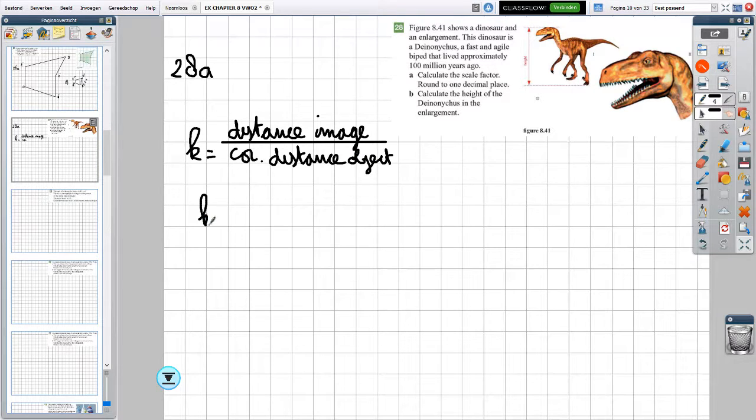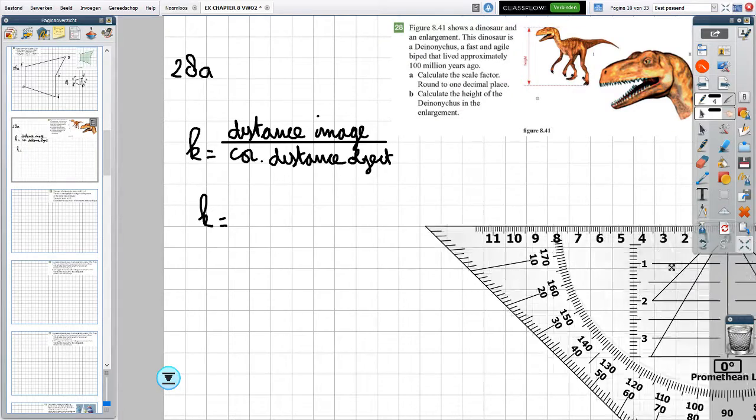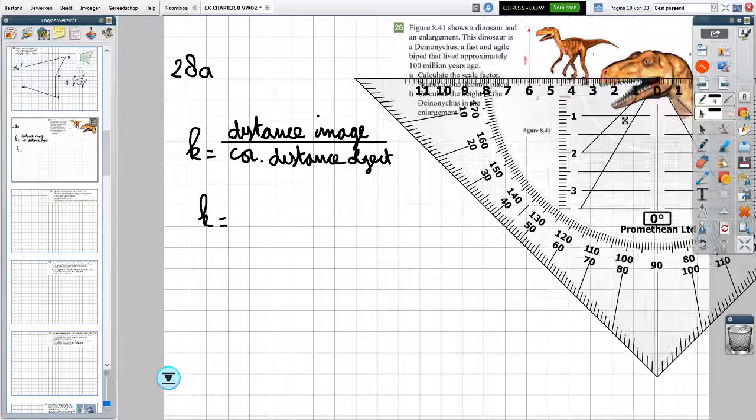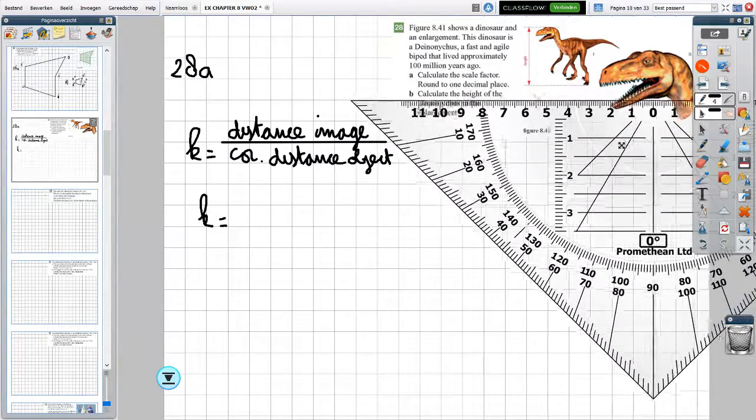So I have to measure using my protractor two measurements that are the same. So for example, if I take out my protractor, it must be something that's visible in enlargement B at least, right? In the second enlargement.